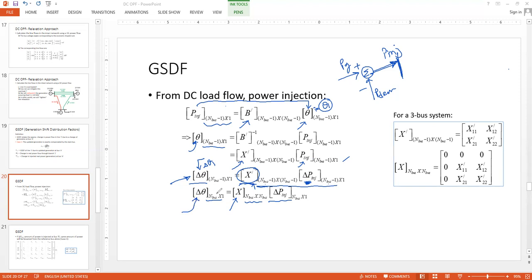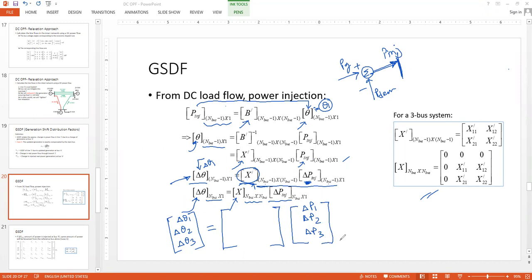So if it is a 3 bus system, this array will look like this: del theta 1, del theta 2, and del theta 3. This is how the full dimensional array looks now. And what about x? I'm coming to that point; let me finish the del p. This del p will also have the full dimension: del p1, del p2, and del p3.